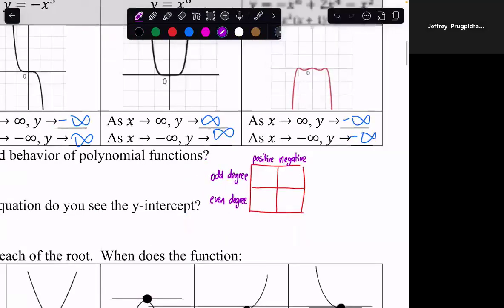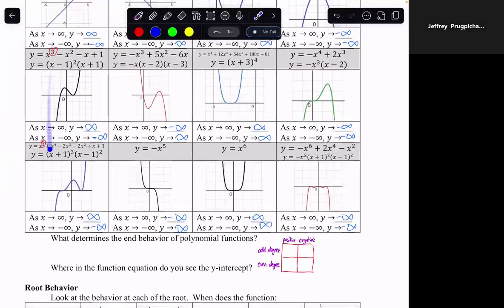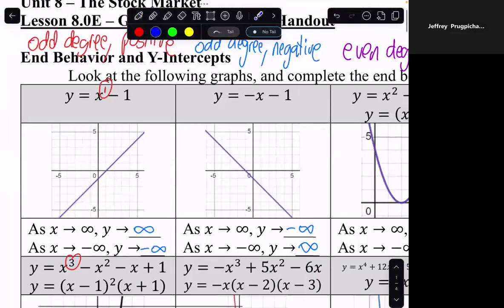Okay, so just copying the info from over here. Odd degree and positive, those point to the bottom left and top right corners.